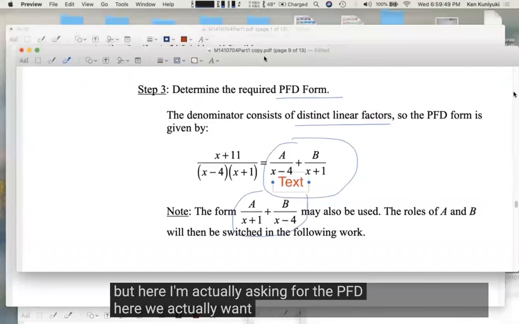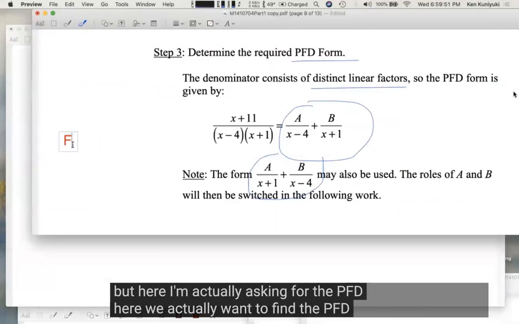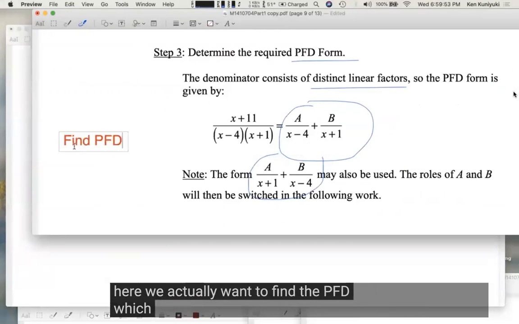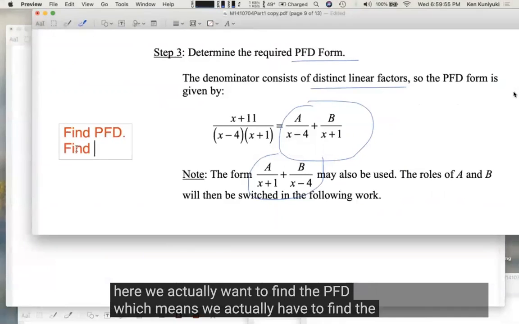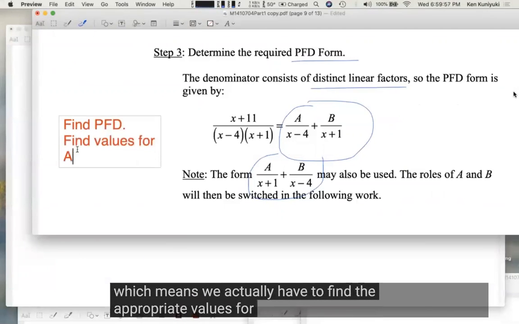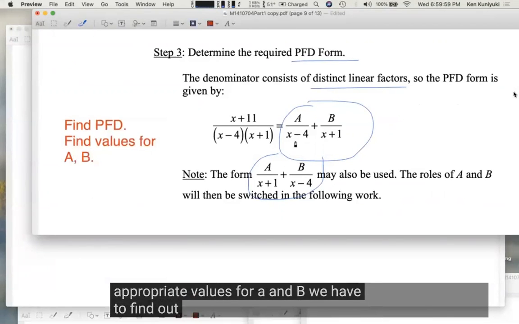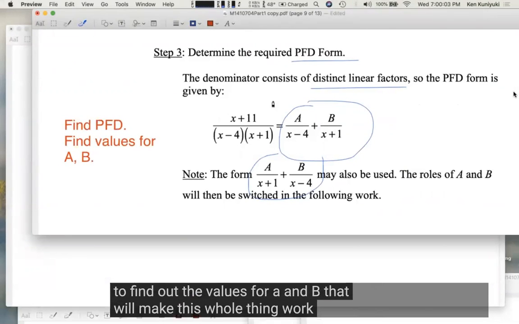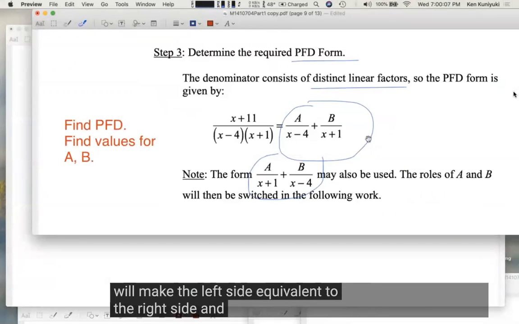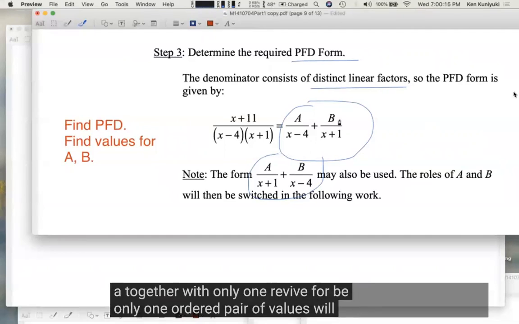Here, we actually want to find the PFD, which means we actually have to find the appropriate values for A and B. We have to find out the values for A and B that will make this whole thing work, that will make the left side equivalent to the right side. And only one real value for A together with only one real value for B, only one ordered pair of values will work.